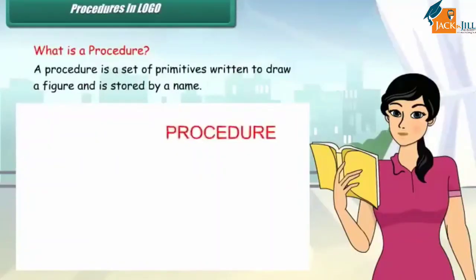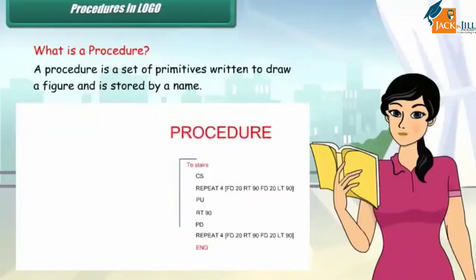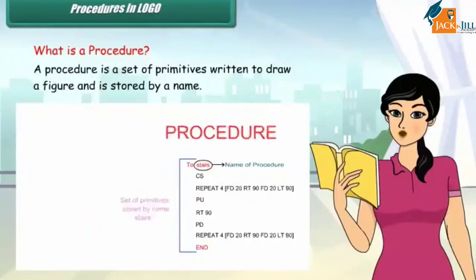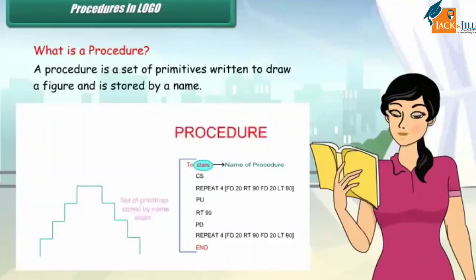What is a procedure? A procedure is a set of primitives written to draw a figure and is stored by a name. TO stairs. CS. Repeat 4 [FD 20 RT 90 FD 20 LT 90] PU RT 90 PD.